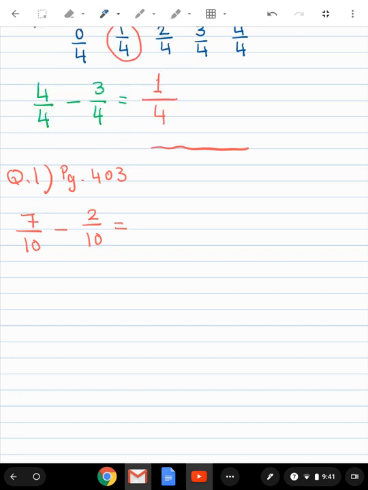Here we have denominator 10, so we will keep it the same. Then we will subtract the numerators. 7 minus 2 is 5, so the answer will be 5 out of 10.